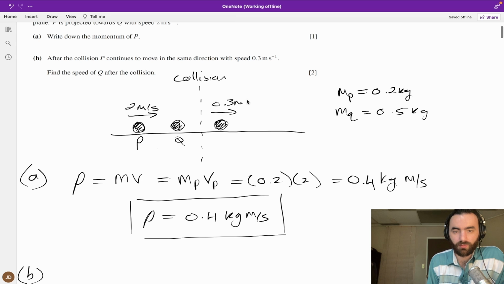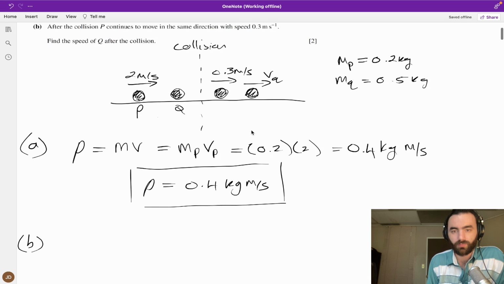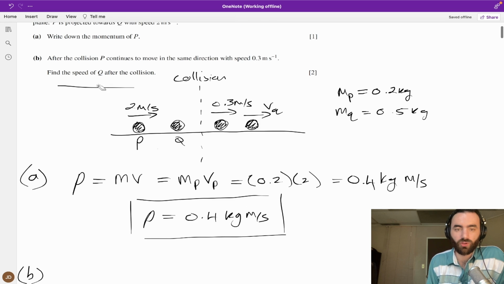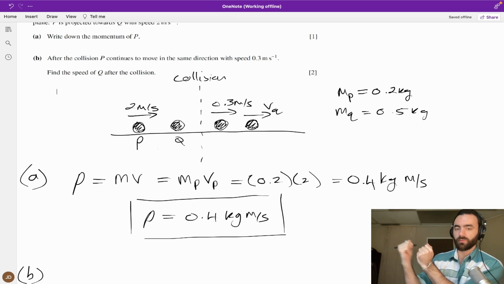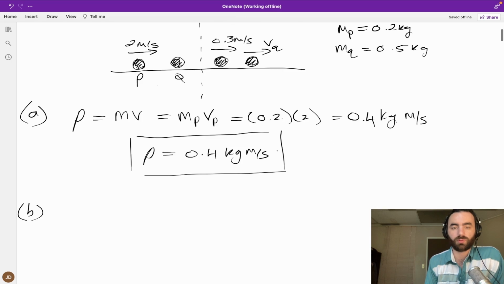So P moves at 0.3 meters per second. Q, because it was at rest, is going to start moving this way, but we don't know its speed, so it's VQ. It wants us to find the speed of Q after the collision. Q is at rest, it is hit by P, and then P starts moving at 0.3, and Q will go off at some velocity, which we're going to find.